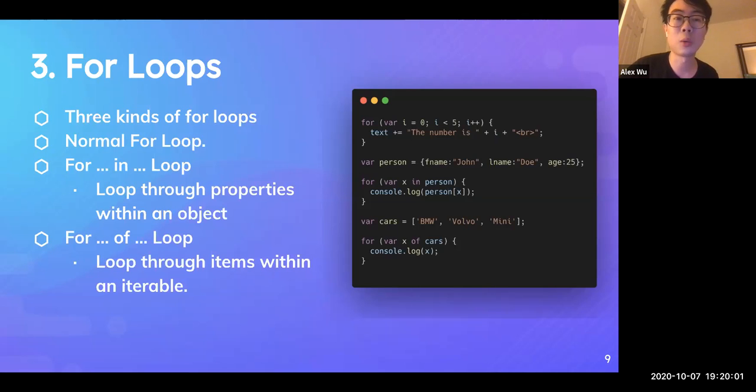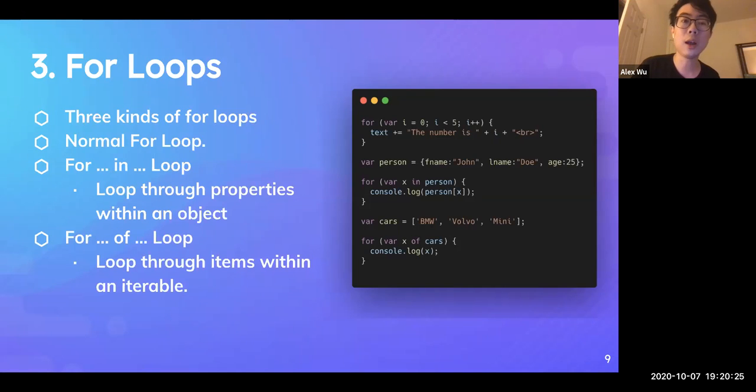So there's the normal for loop that you will expect. For variable i equals 0, if i is less than 5, we go into the for loop. After we execute the code within the for loop, we increment i. This is essentially what you would expect from any for loop.